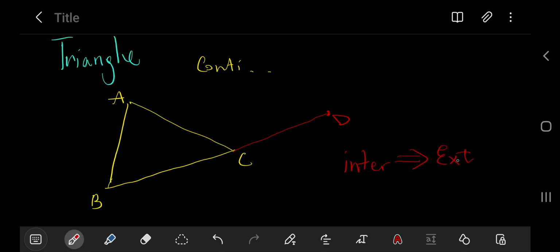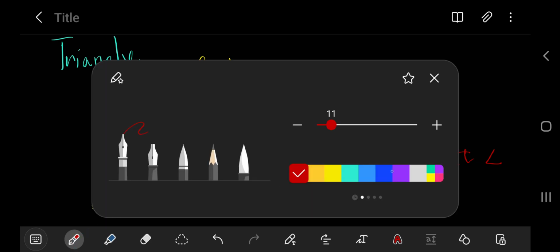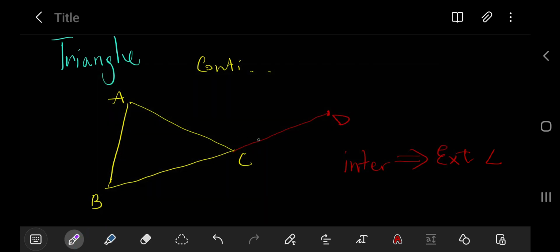Okay, we should have an exterior angle, and the exterior angle that I'm talking about from that line which is produced is this angle here, right, which is angle ACD. So this is the angle that I'm talking about, the exterior angle that I'm talking about.